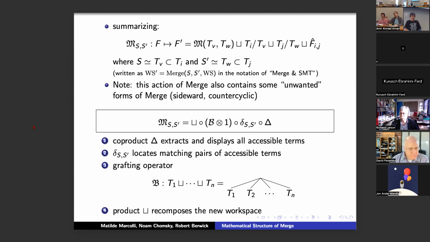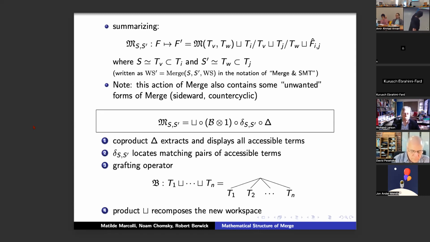And so, of course, because I'm looking for something, I first hit it with something that will only look for a pair of terms. All the other grafting operators that involve more than a pair of terms will not do anything. So I will only end up with the case when this has two terms. So I do this merge operation that produces the new component of the workspace.